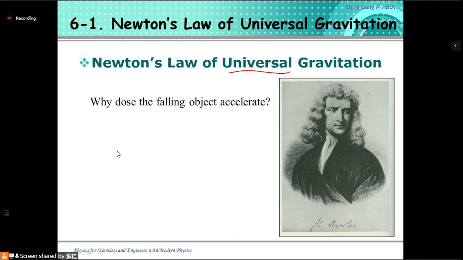When the apple hit his head, he started to think, why does a falling object accelerate? Now we know it's because of gravity, but at that time people didn't realize this. At that time, people thought that if you want to apply a force on an object, you need to touch the object.